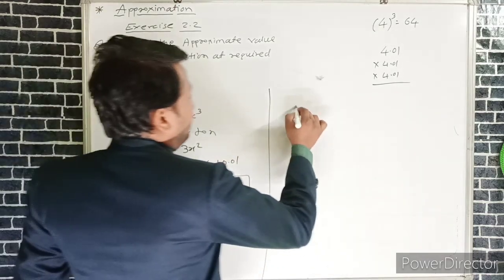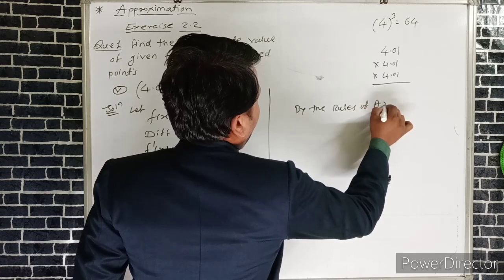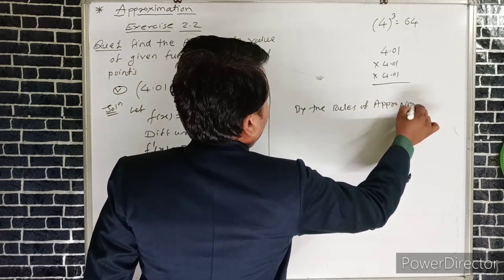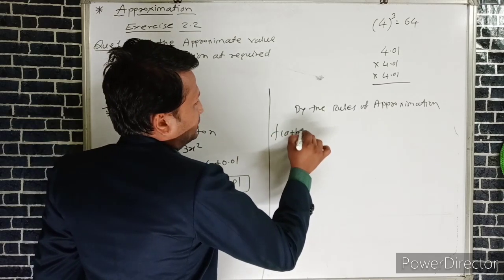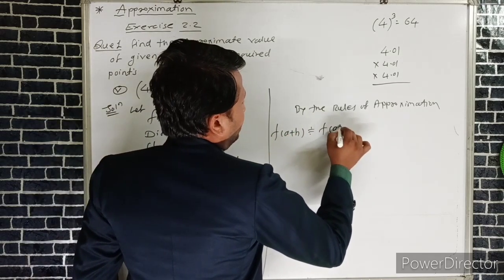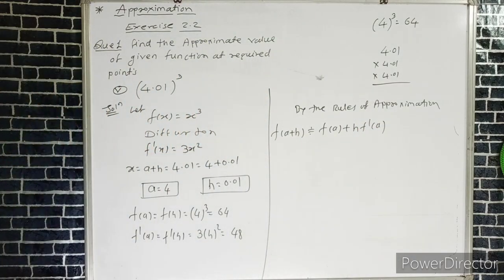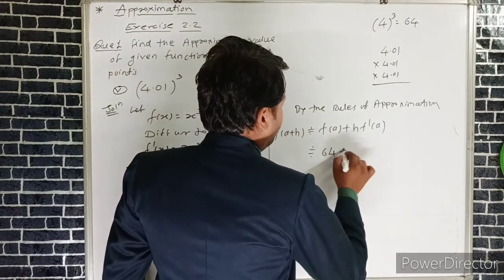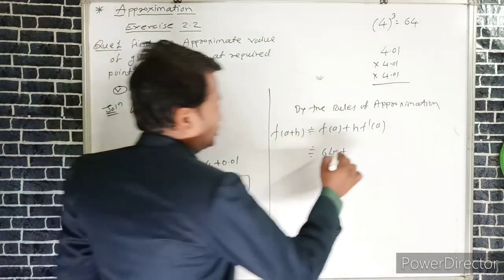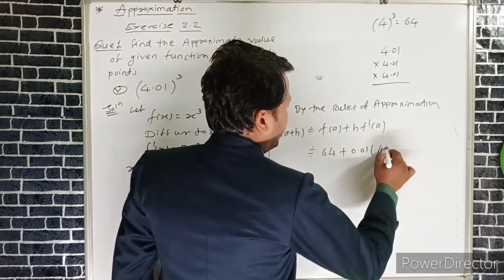So by the rule of approximation, f of a plus h is approximately f of a plus h into f dash of a. So here the value of f of a is 64 plus the value of h, which is 0.01, into f dash of a, which is 48.